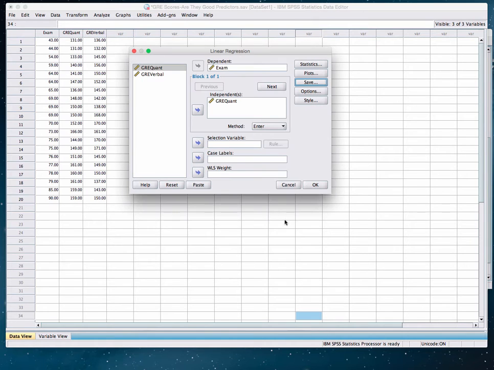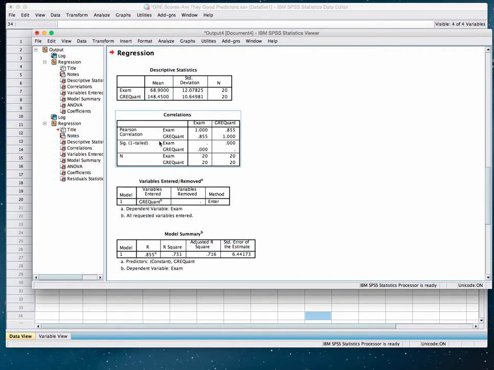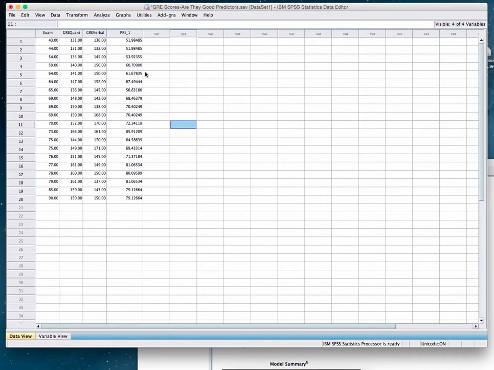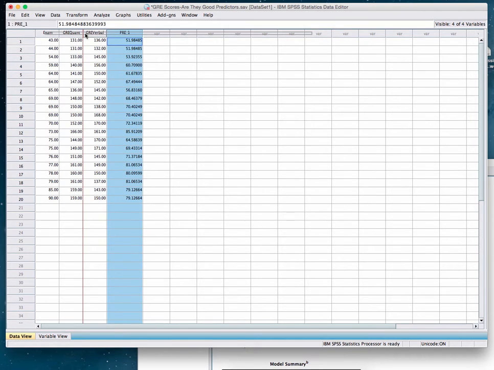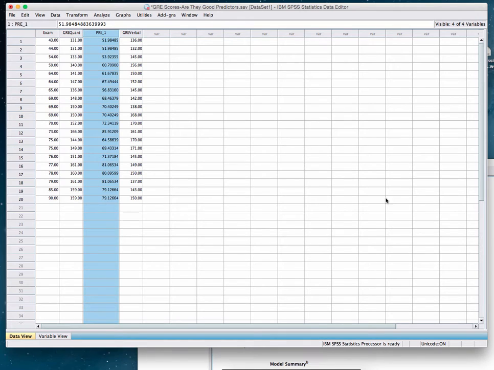If I go continue and OK, I get my output again, but now I get the predicted values based on the GRE quantitative scores. I'm just going to move those right over here so we can look at them.